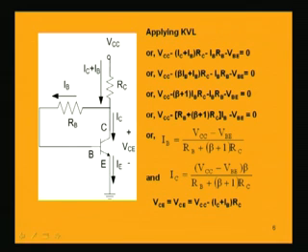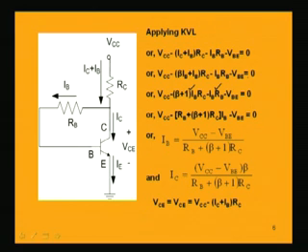Now we get the expression as VCC minus beta plus 1 into IB into RC minus IB into RB minus VBE is equal to 0, or we can further simplify it by writing it as VCC minus RB plus beta plus 1 into RC whole into IB, taking IB common between this term and this term, minus VBE is equal to 0.